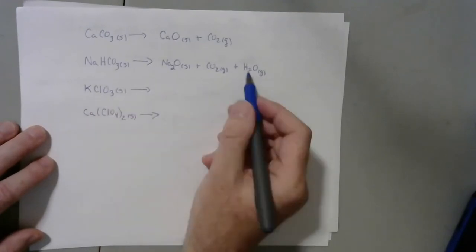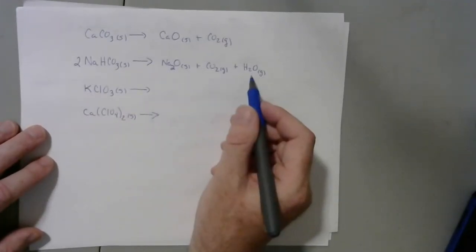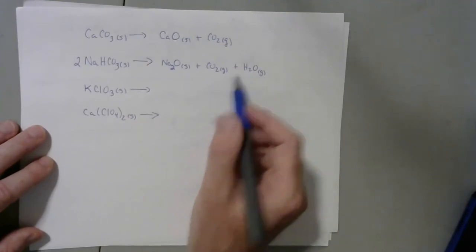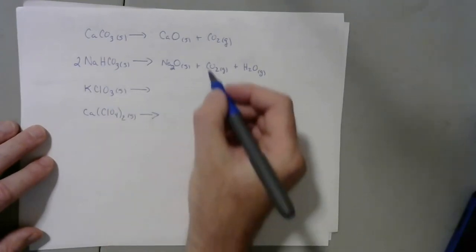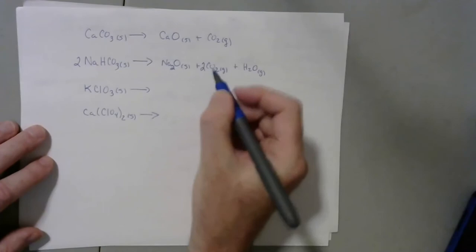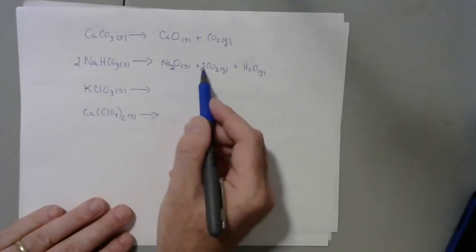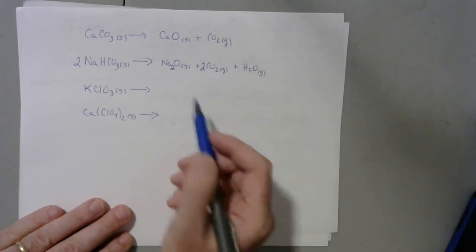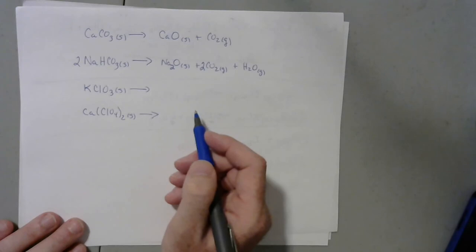So I've got 2 hydrogens, so I'm going to have to double all this, and that'll take care of my sodium and my hydrogen. Now, the carbon, there's 2 of those, so I'm going to need 2 CO2s. Now let's check our oxygen balance. There's 1, 2 times 2 is 4, plus 1, so there's 6 oxygens. So that reaction is balanced how it is.